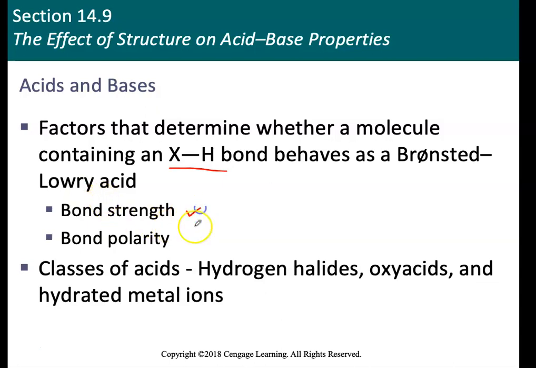This is dependent on two factors, the bond strength and bond polarity. So the classes of acids we want to look at are the hydrogen halides, or halide acids, and hydrogen metal ions.